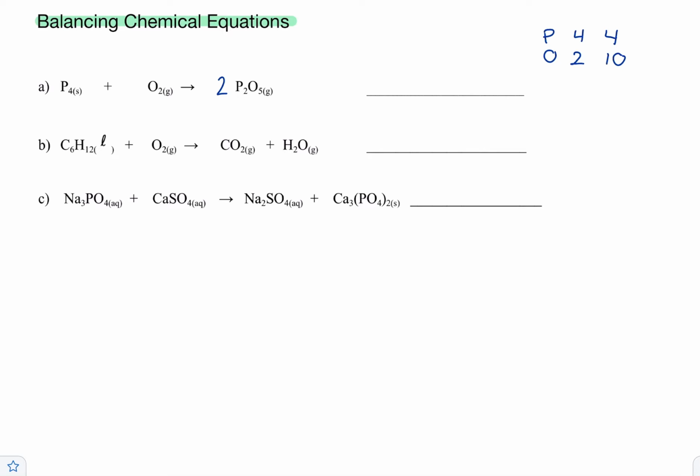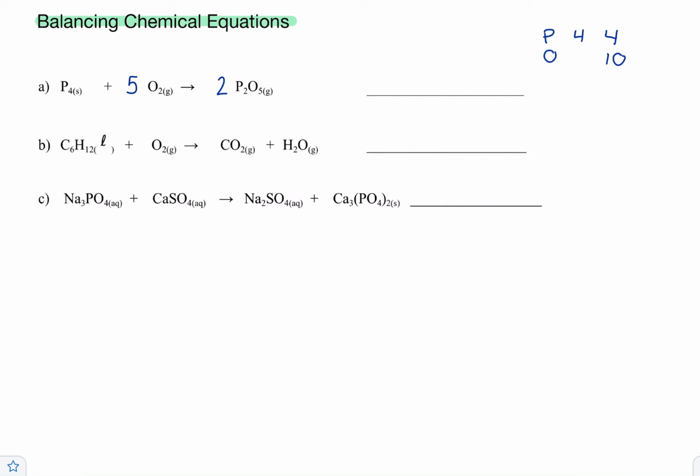Okay, so now we'll notice that we have 10 oxygen on the right side and only 2 on the left side. And going back to our left side, if I need to get 10 oxygens, what I can do is put a 5 in front of this oxygen here. Just like that. And the only thing that 5 affected was the oxygen.